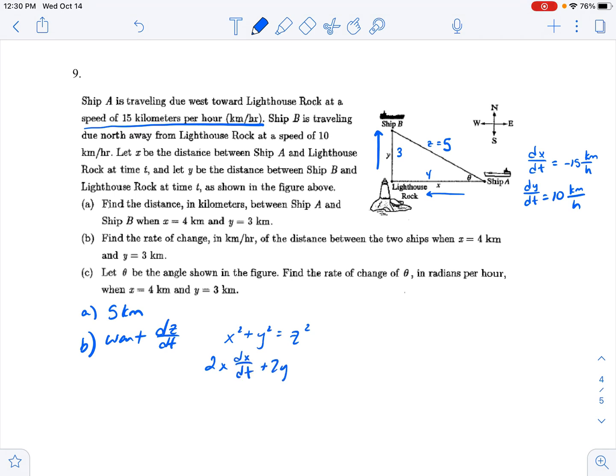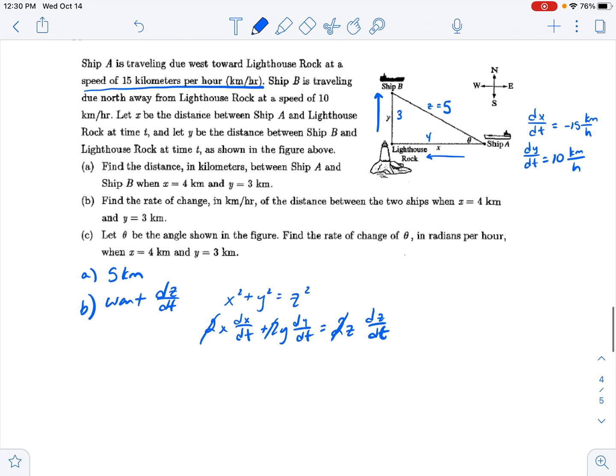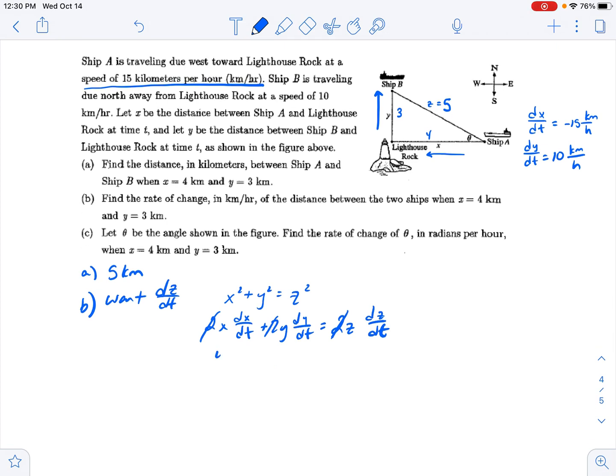Taking the derivative with respect to t. And again, I'm just a fan of simplifying as I go. And let's see, sub in what we know. So x is 4, dx/dt is negative 15, y is 3, dy/dt is 10, z is 5, and we're looking for dz/dt.